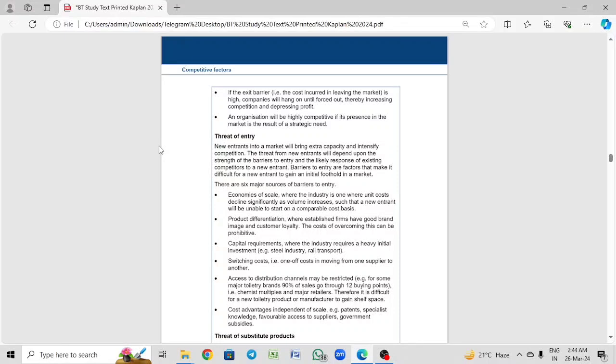Why will they come to me? There is no product differentiation. So there's a threat to entry.